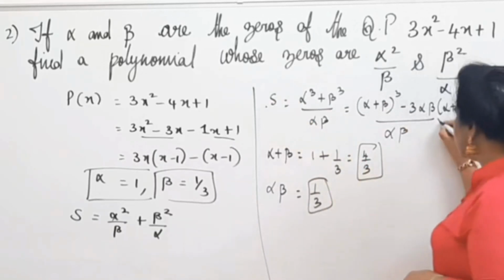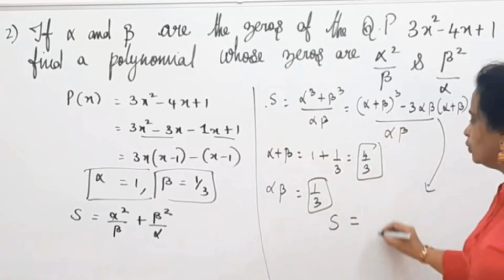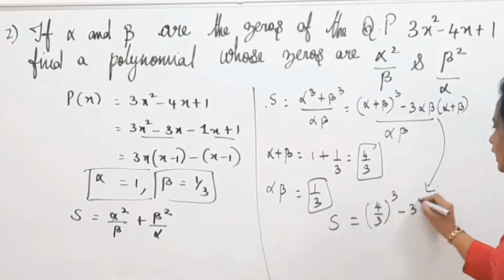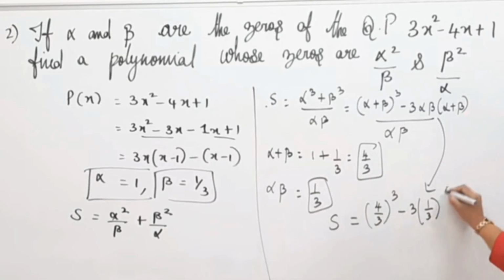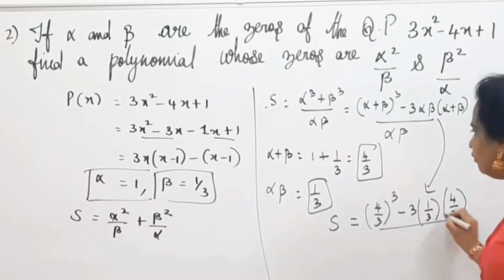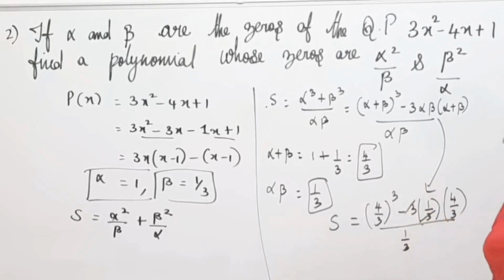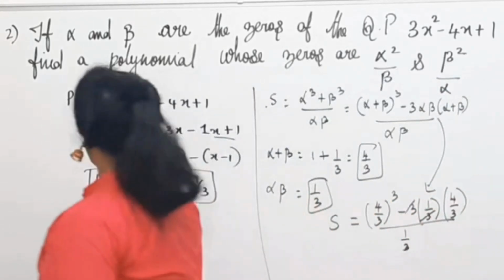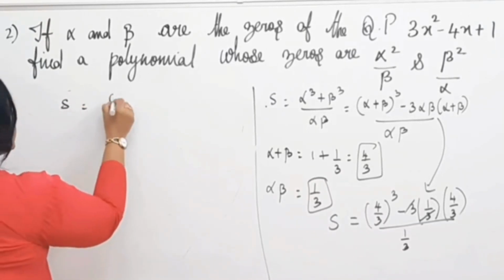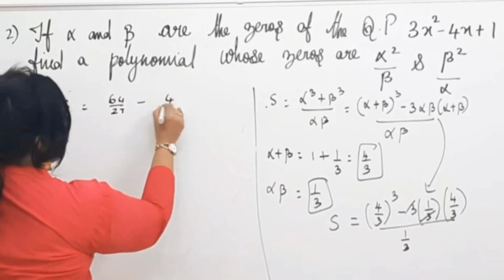Substituting here, my sum is equal to 4 by 3 the whole cube minus 3 into 1 by 3 into alpha plus beta, which is again 4 by 3, divided by alpha beta, which is 1 by 3. The 3 gets cancelled. So on simplification, my sum is equal to 64 by 27 minus 4 by 3.